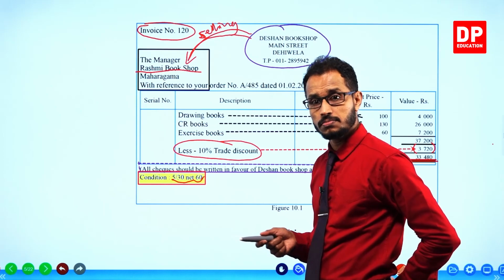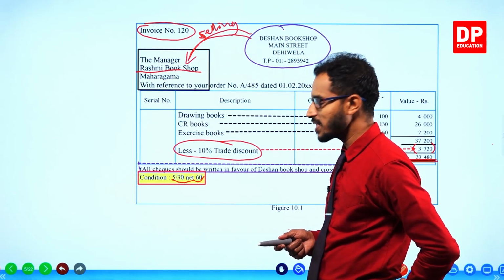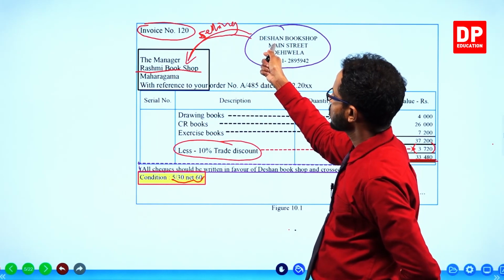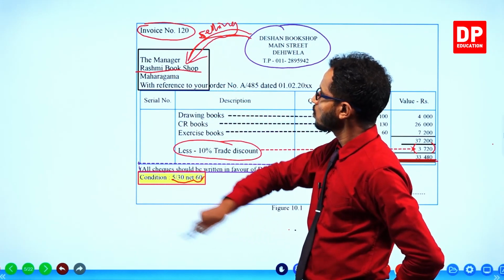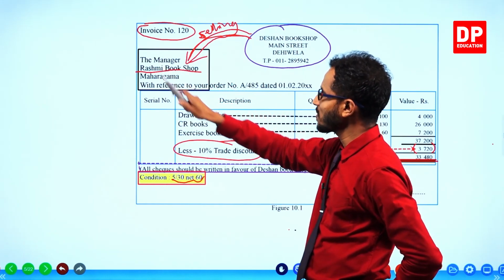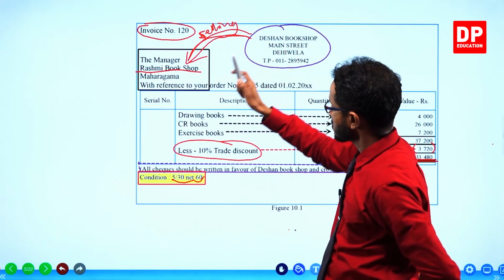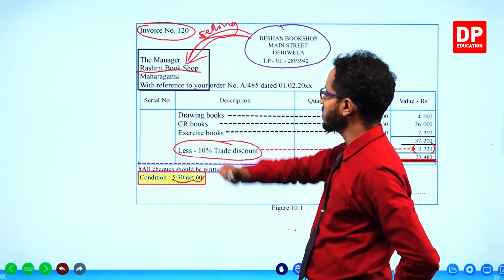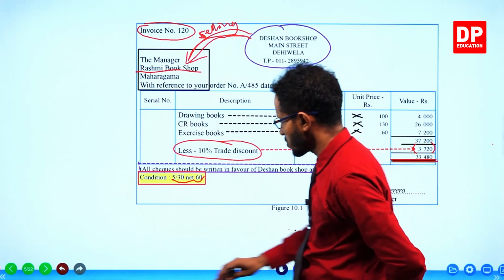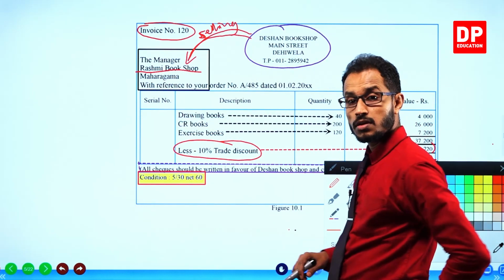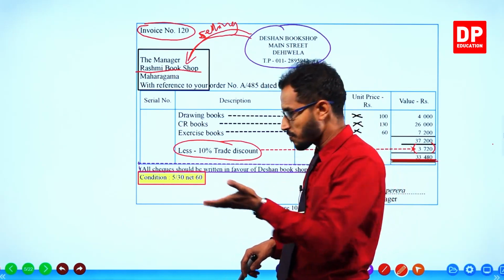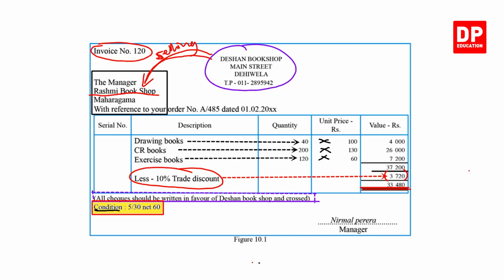This is a condition which is imposed by the seller. Deshan is selling to Rashmi, so Rashmi is the purchaser. Deshan is imposing this condition on Rashmi. Carefully observe. The condition means the total value should be settled within 60 days.